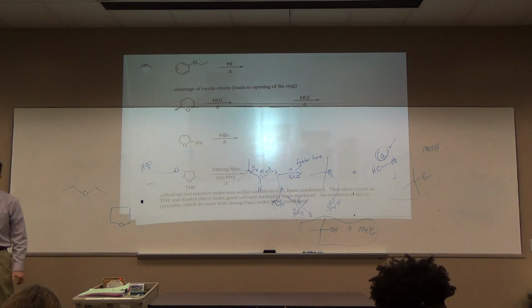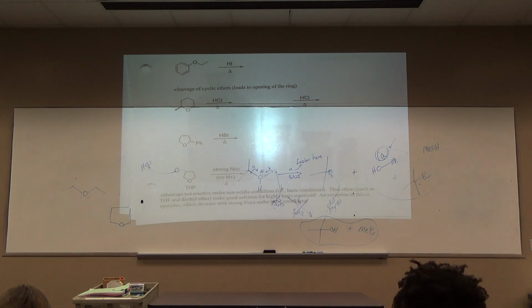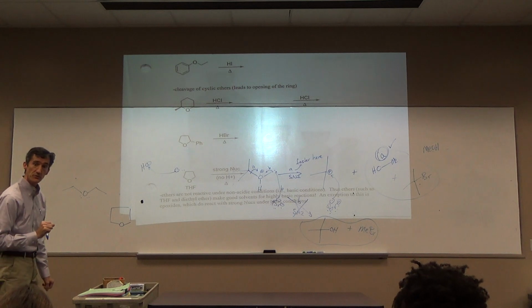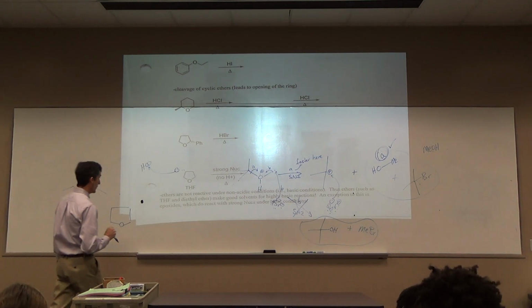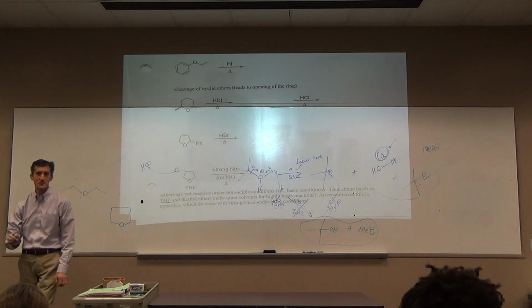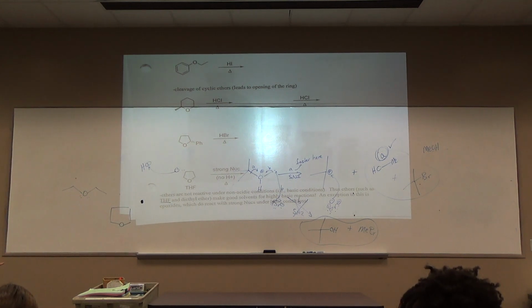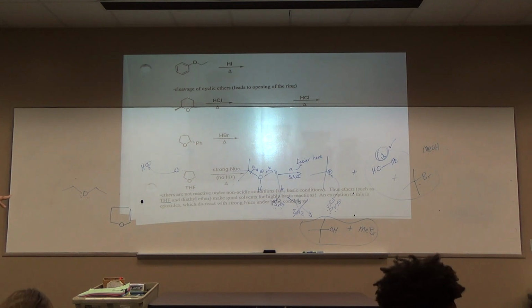Another common solvent is a cyclic ether, just a 5-membered ring, one oxygen in the ring. Anybody know the name of that? Have you ever seen or used it? Did y'all use it in organic one? It's called tetrahydrofuran, THF. It's another common one. It's a little bit better solvent. The boiling point is higher, and so it doesn't evaporate.